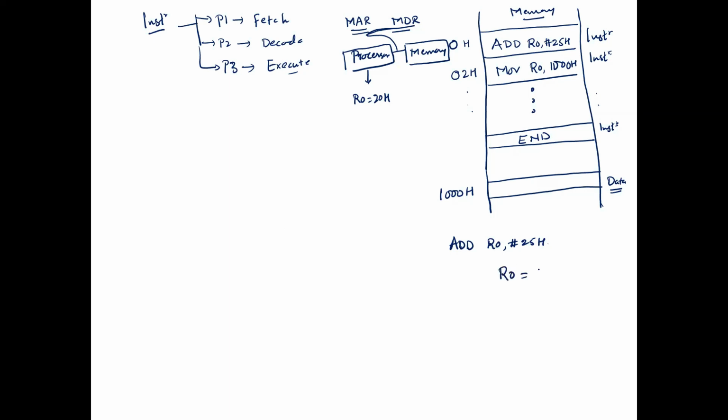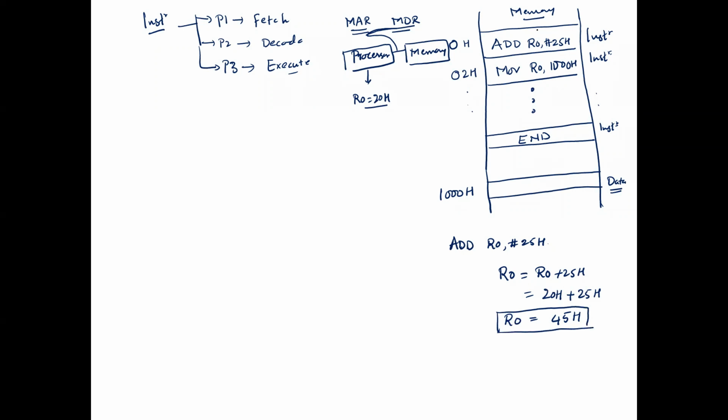The description is R0 is equal to R0 plus 25H. So it is going to add the content of R0 with the immediate value of 25H. We assume the content of R0 is 20H. So I will write here 20H plus 25H. If I add it, it will become 45H, and again, it will be updated in R0.